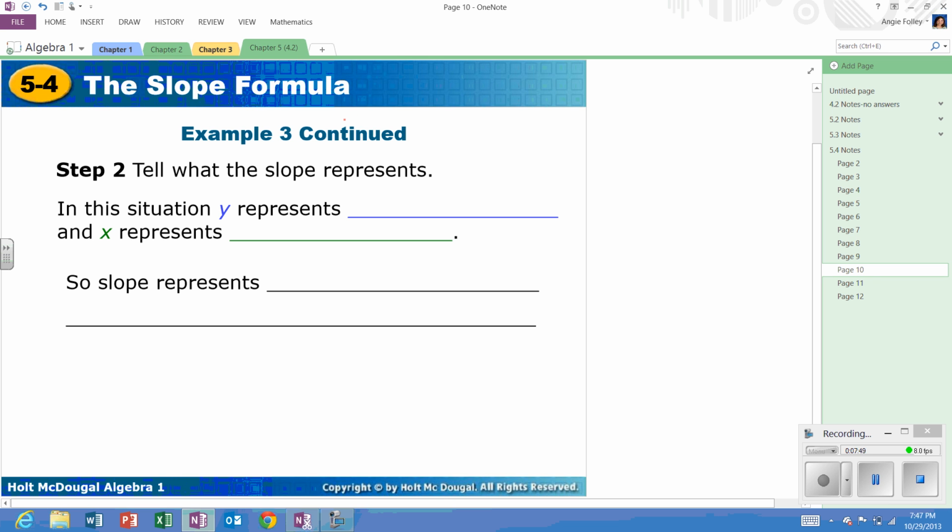So the slope represents what? Well, in this situation, your y values is the cost of electricity. I'm going to use capital E to stand for electricity. And your x values represented the months. So if you're getting a change of 6, that means that it's changing $6. You're increasing $6. Let me rewrite that.